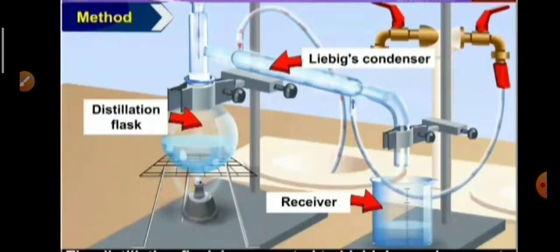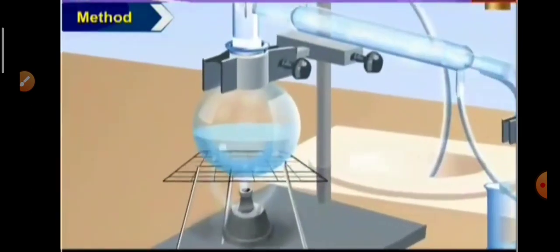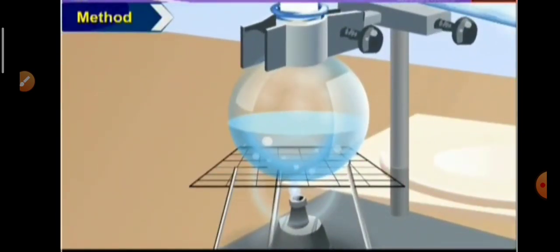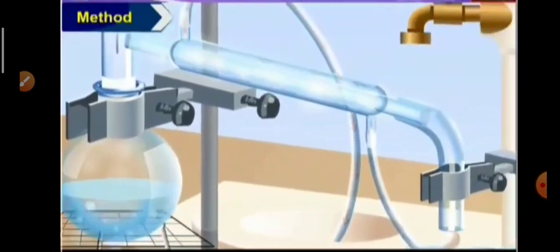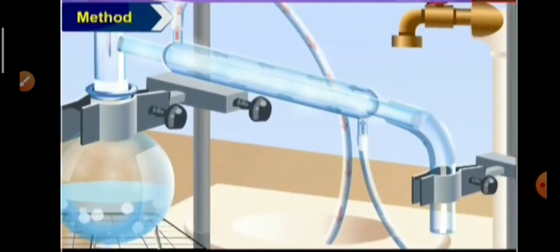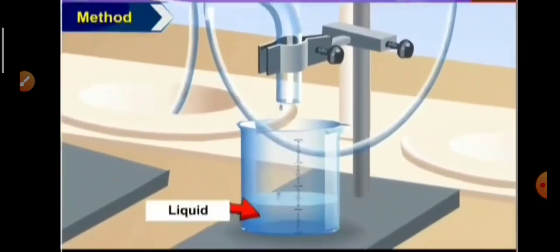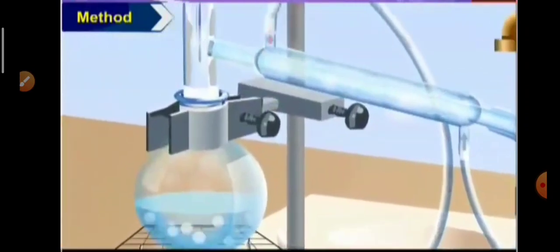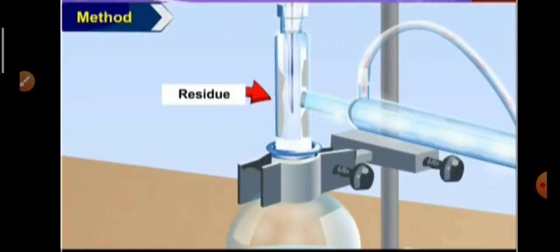The vapor then passes through the Liebig's condenser where it condenses into droplets of water and we can collect it in the beaker as distillate. You can see the arrow marks here and can recognize the method. See, the droplets of water are coming out from the flask and the residue is left behind in the distillation flask near the mouth of it.